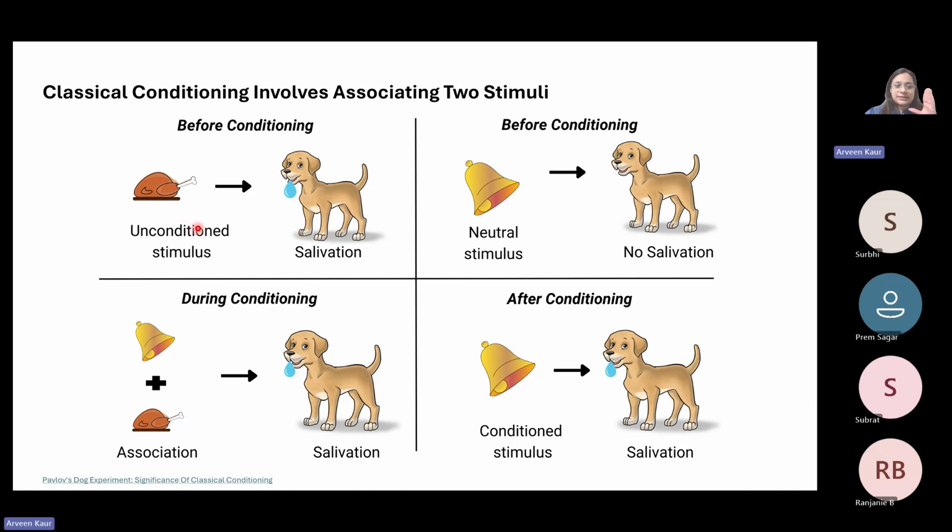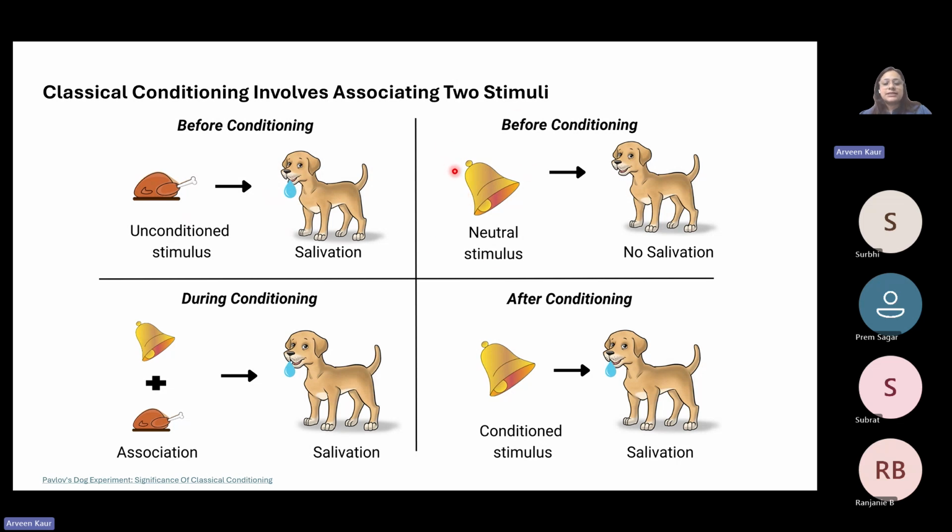So this was that famous Pavlovian experiment. What it says is that when a particular subject, in this case a dog, is not conditioned, right? Before conditioning, the food that is given to the dog is an unconditioned stimulus, right? So when the food is shown, the dog starts salivating, right? And there is another stimulus which has nothing to do with the food at this point, a neutral stimulus.